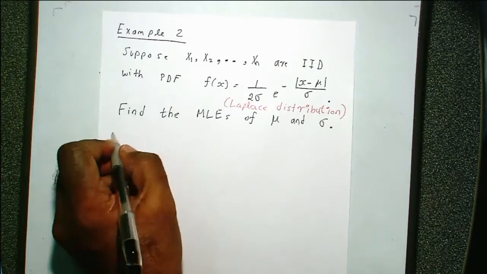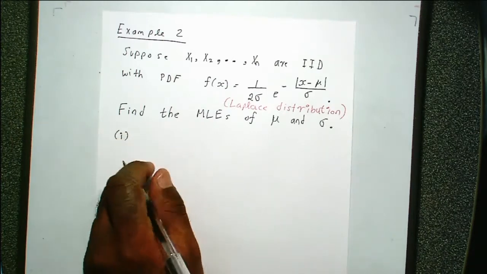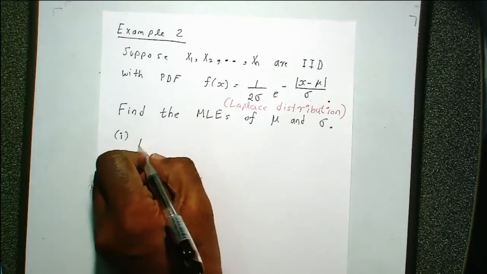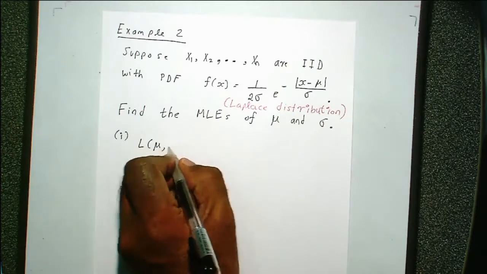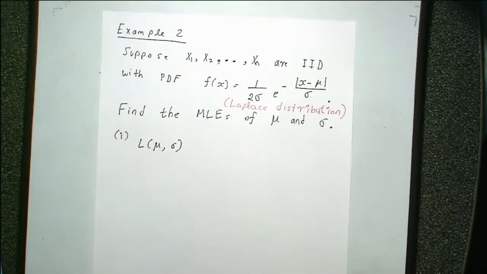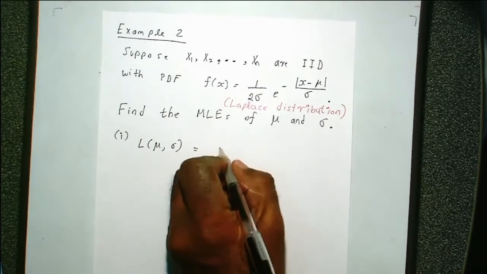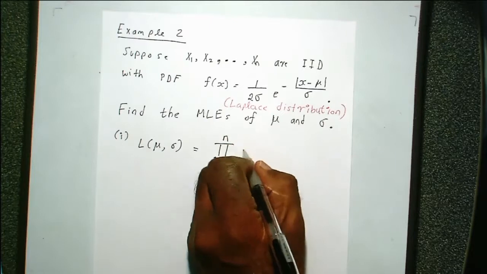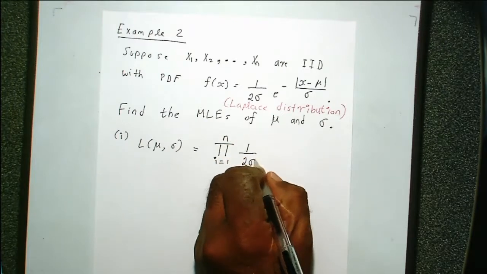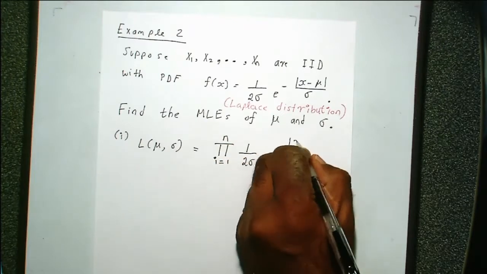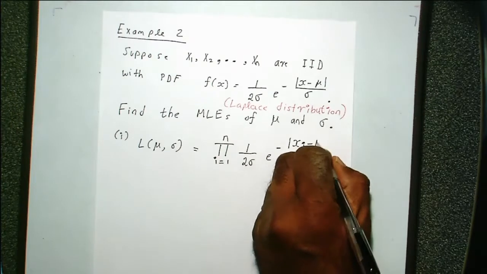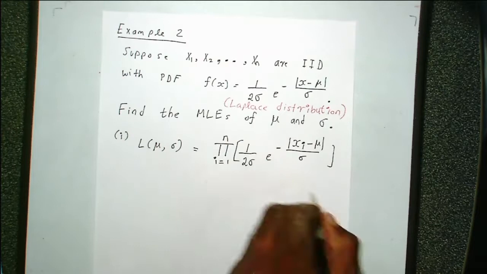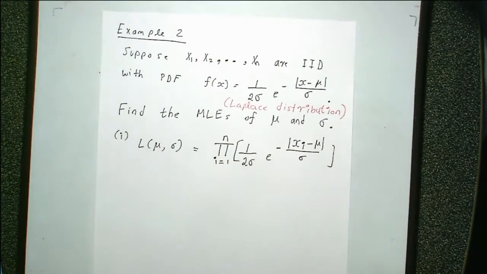And the first step is to write down the likelihood function. This is the product of the density function.